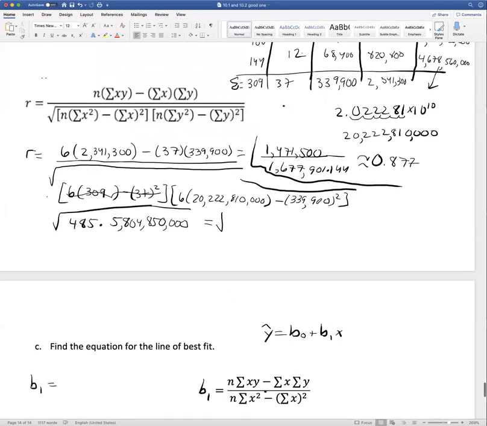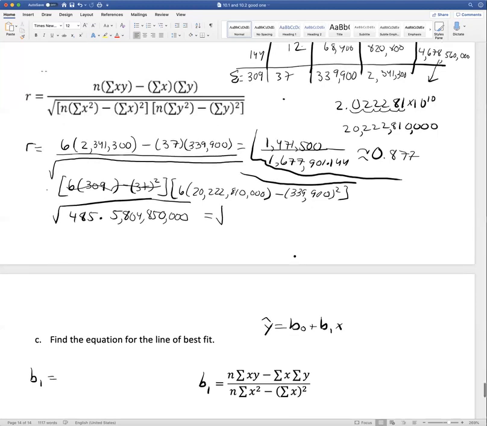And if you notice, this is exactly the same thing as the numerator for the correlation coefficient. So the numerator of the slope and the numerator of the correlation coefficient are the same thing.